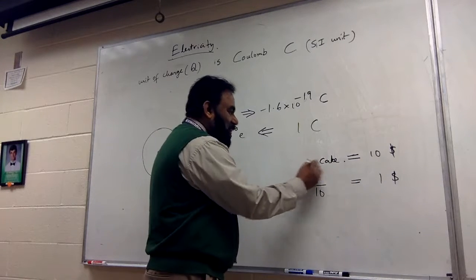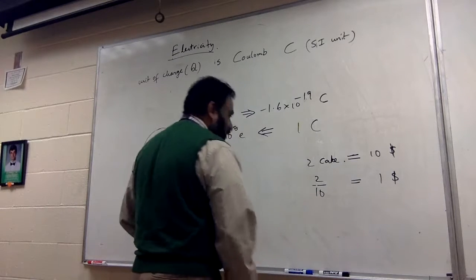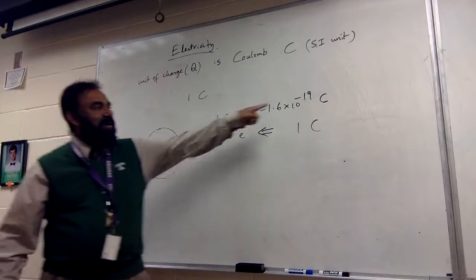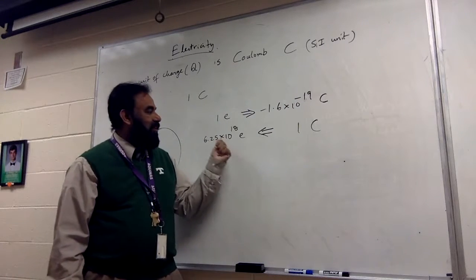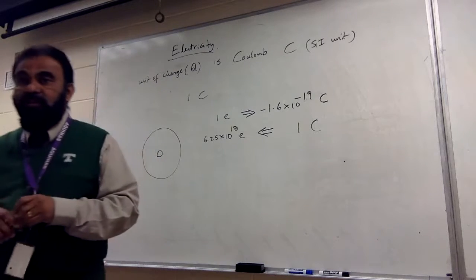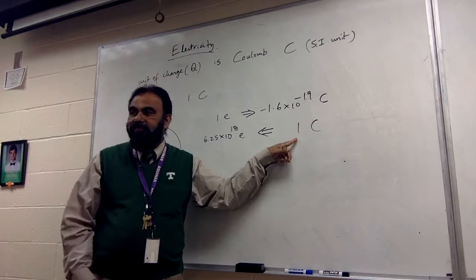Or if you have 2 cakes for $10, then it'll be 2 over 10. Yes, the unitary method. Alright, this minus sign is just a power, you can't do that. So 6.25 × 10^18 electrons. That's a big number of electrons making up 1 coulomb.